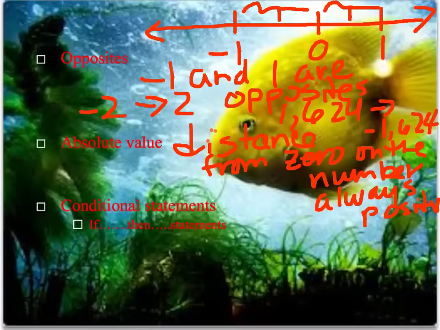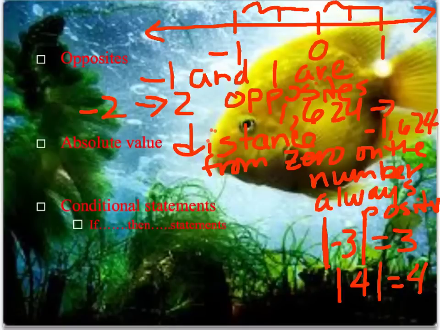So the absolute value, and this means absolute value, these straight up and down bars, the absolute value of -3 is 3. The absolute value of 4 is 4. It's because the distance of -3 from 0 on the number line is 3. It's 3 spaces. The distance from 0 to 4 on the number line is 4.